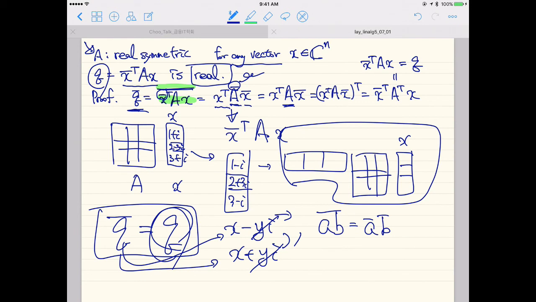And then this representation is just a scalar. So altogether, the scalar is the same as its transpose version, right? For example, 3, in general, 3 plus 5i. So this is one scalar, and its transpose, not conjugate, okay?